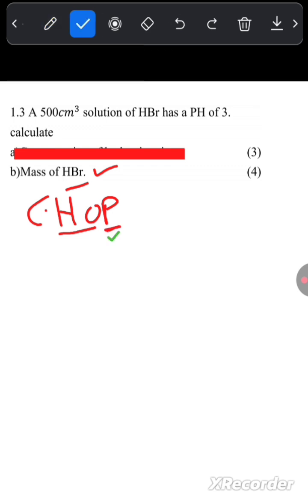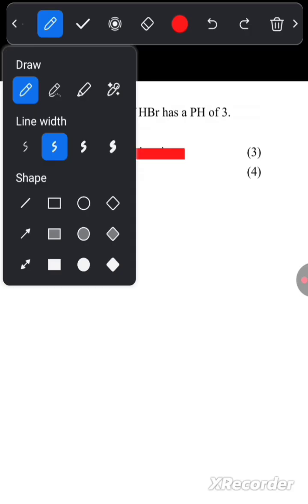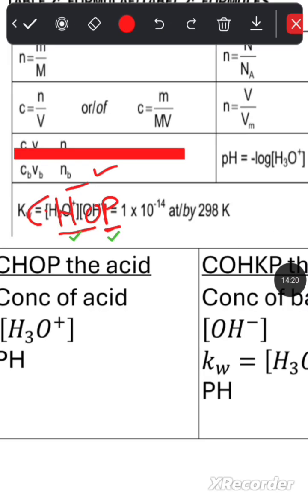So we already have this and we have this. All right. Now, to calculate mass, the formula is n. To calculate the concentration, I'm going to use this formula here.